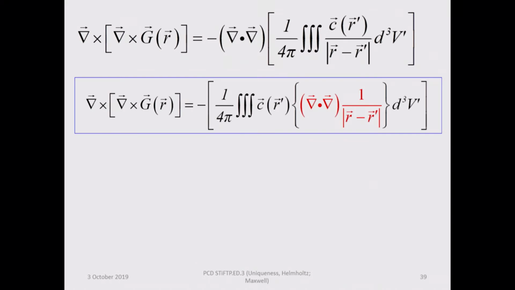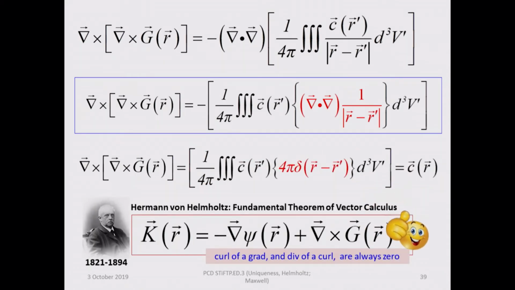So, you can move in this del dot del operator, get a Dirac delta and wrap it up, because the Dirac delta is this lovely shifting operator which gives you the value of the integrand at a particular point.